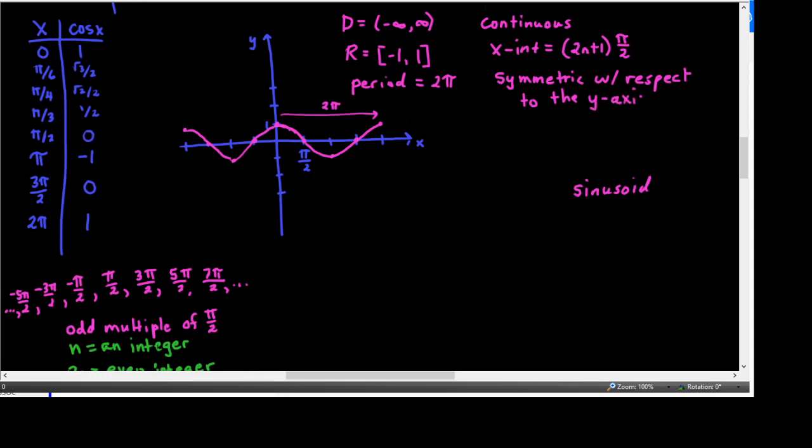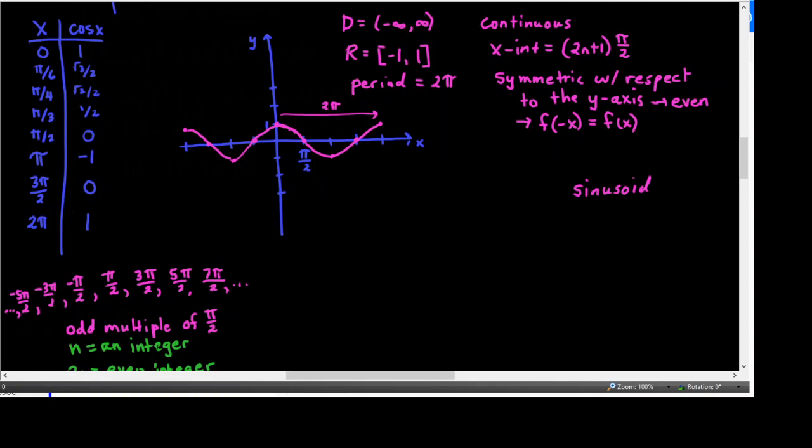Any graph that is symmetric with respect to the y-axis is called an even function. And every even function can be identified by this test. If you put negative x into the function and simplify, you'll get back the original function f of x.